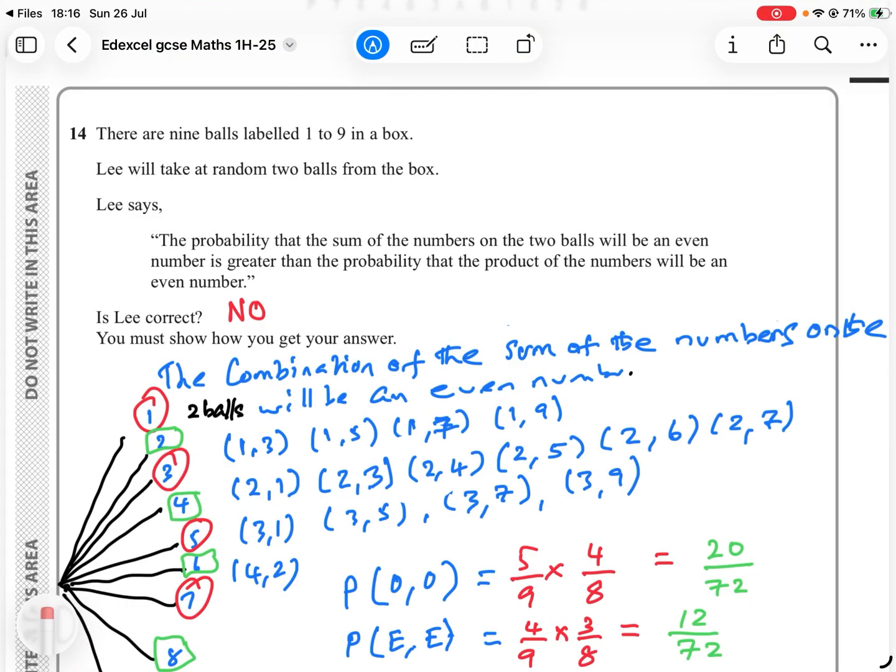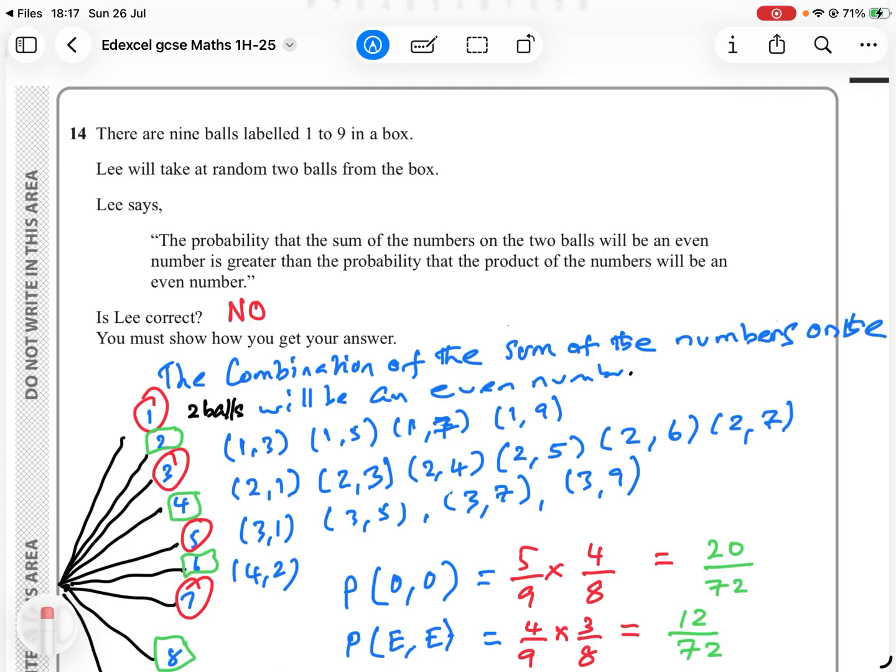Okay. I'm going to walk through question 14. There are 9 balls labeled 1 to 9 in a box. Lee will take at random 2 balls from the box.